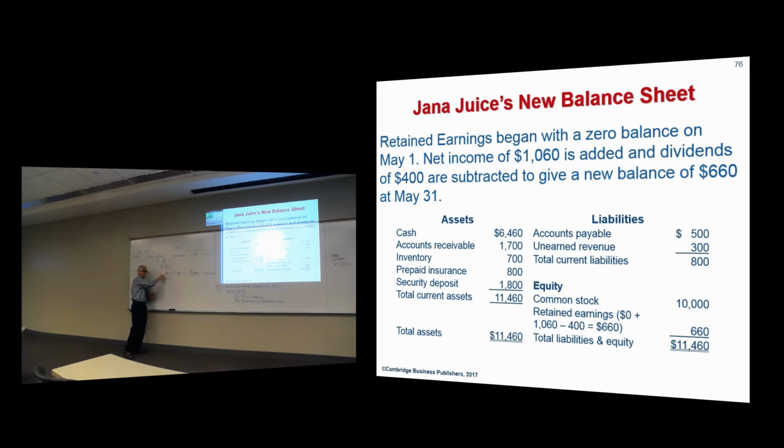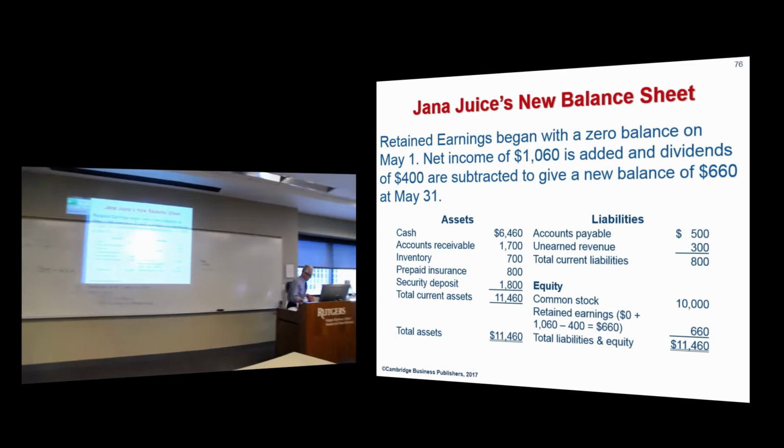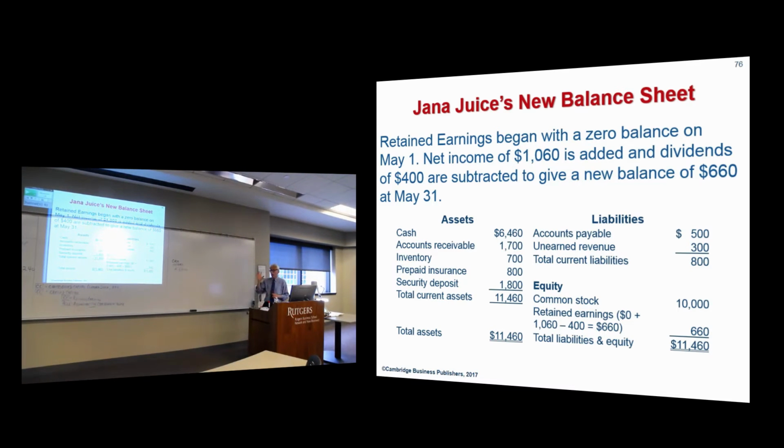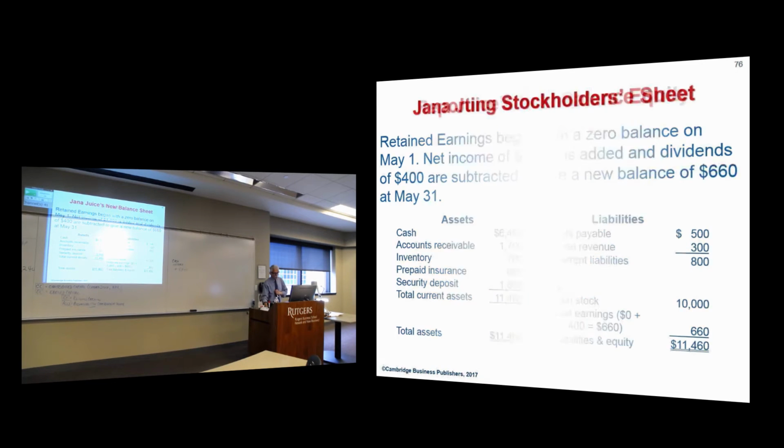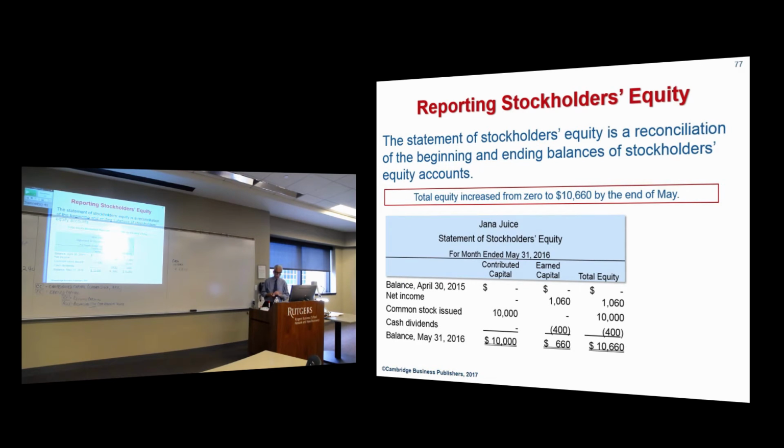Now we had net income minus dividends, and that's how we get the 660 as the balance. The retained earnings is going to be coming from the changes in the balance sheet. Remember, the balance sheet is a static statement, a snapshot, as you said. And how did it change? Well, it changes through earnings, and it changes through investments, and it changes through dividends.